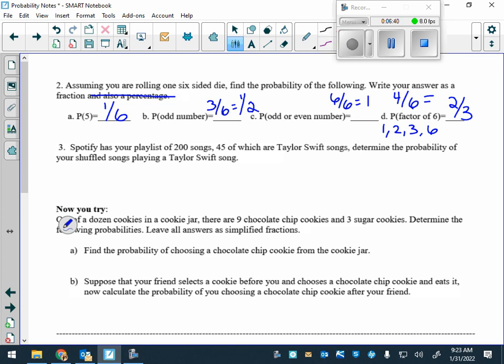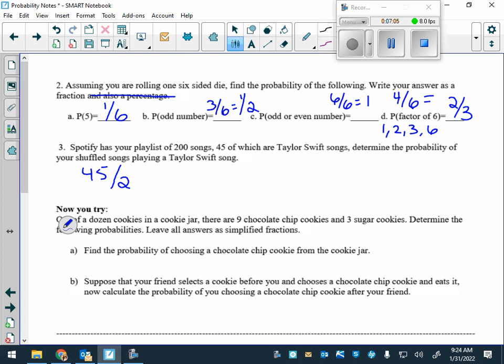It's 45. The 45 obviously are included within the 20. Okay, what's your initial fraction? What do we got? Kate?